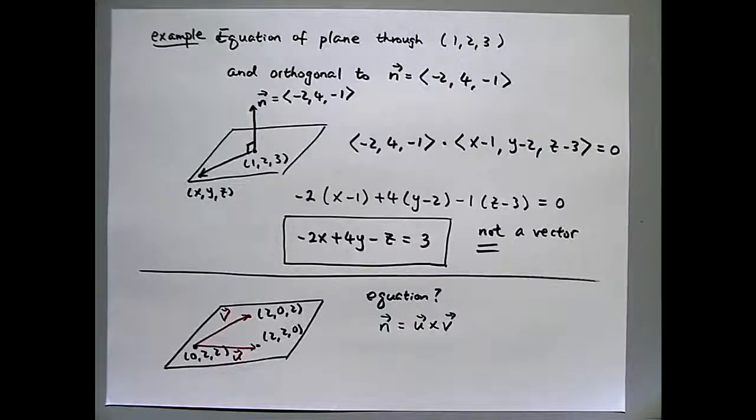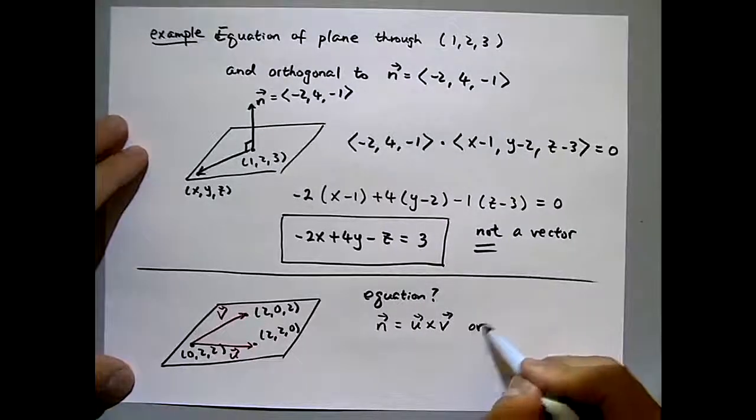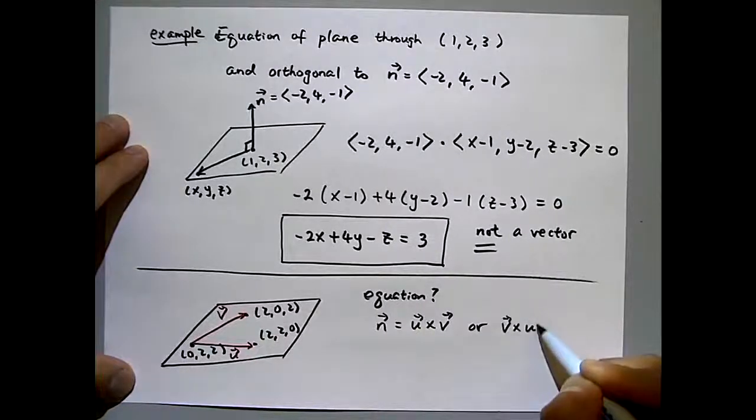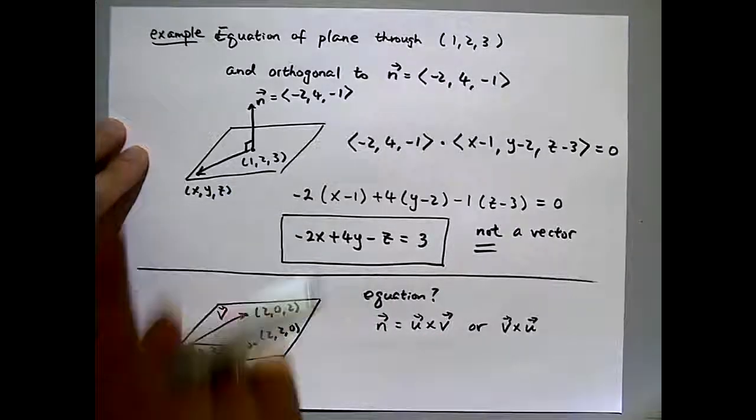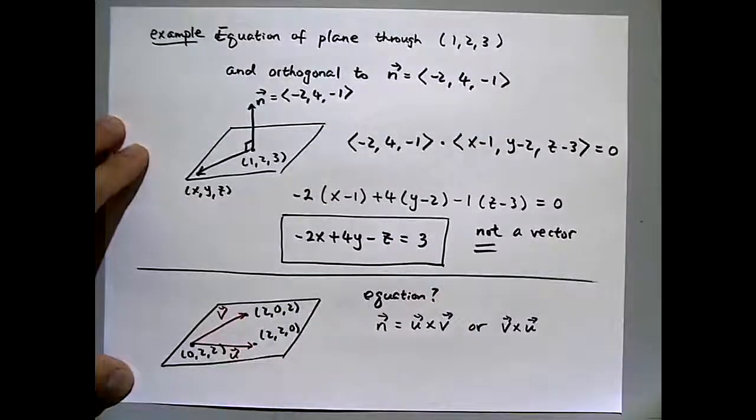Is v cross u also perpendicular to that plane? Yeah. How are these two things related? They're negative of each other. If I know this one, then this one will be the negative of that. So one will point straight up, one will point straight down, right?